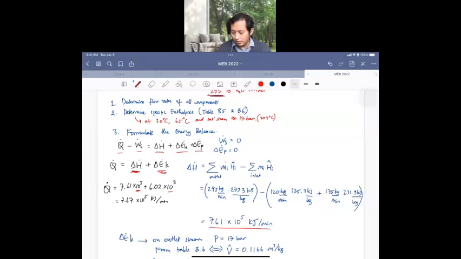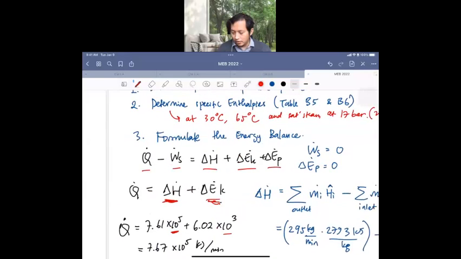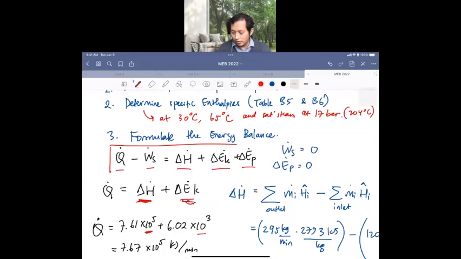Enthalpy can be described in the table. If you have given information, then you can find it in the table. And then the third one, formulate the energy balance. And to formulate, we always start from these equations.